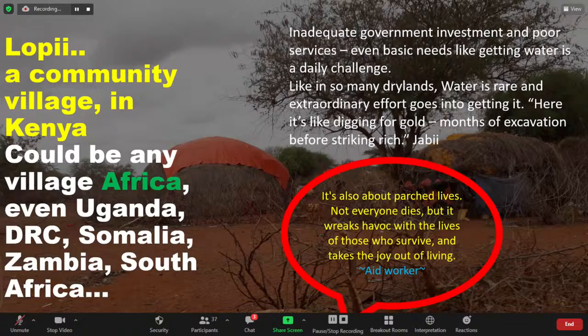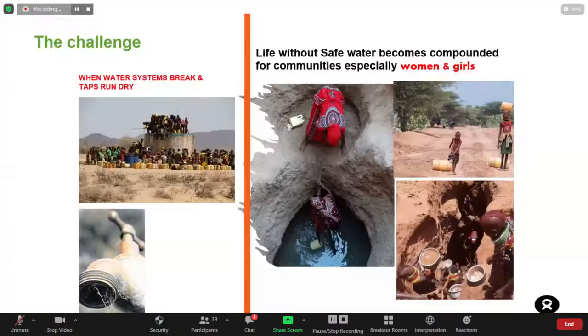And for some of those communities, like a lady called Jabi, they say that to get water in that place, it's like digging for gold, months of excavation before you can actually strike rich. So for most communities in Africa, Kenya included, the challenge is when water systems break and taps run dry, particularly when you're talking about groundwater access.